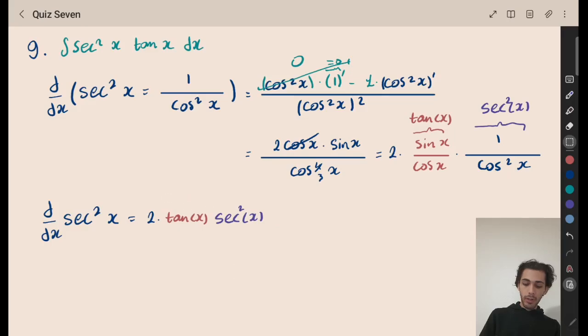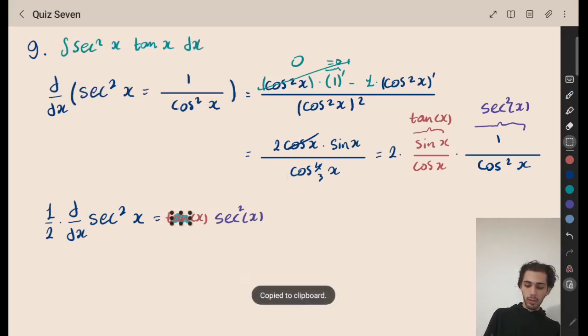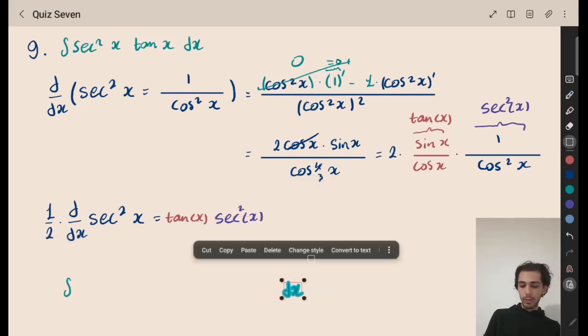Then tan of x times sec squared of x is the half of this derivative. And that is a completely and totally legitimate statement which I can write with full confidence. Not like the other statement which I was a bit hesitant to write. Then I hope you don't mind if I do like this.